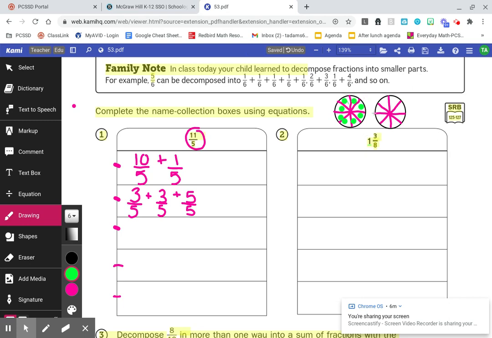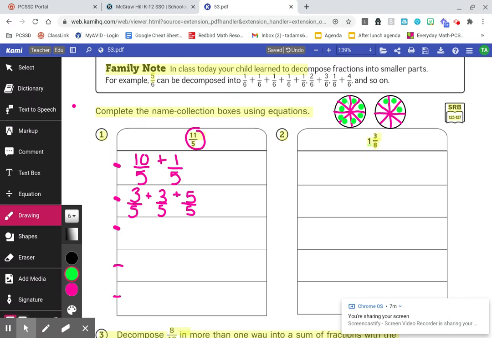In the second pizza, we're only going to eat how many of the 8? 3. 1, 2, 3. So when you see a mixed number, just know the whole number is representing the whole pizza. Yes, it can be in pieces, but we ate the whole thing, so it's a whole number. The second pizza, we only ate a fraction or a part of it.